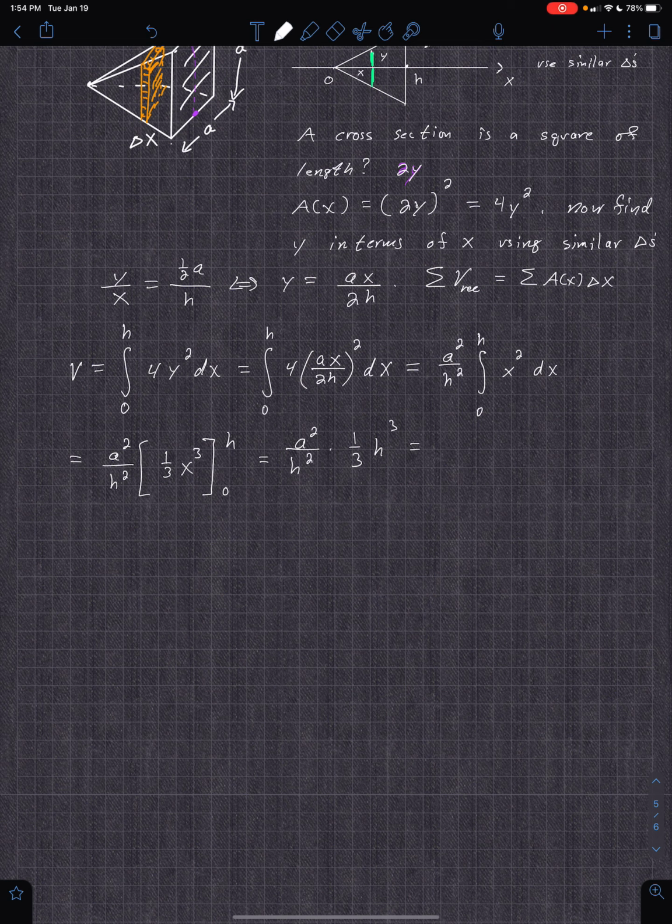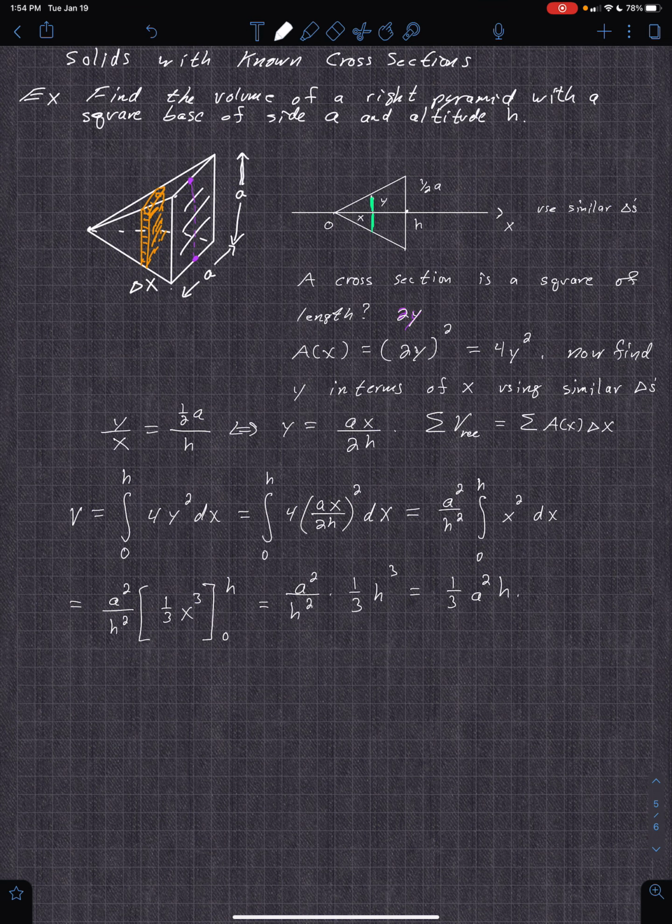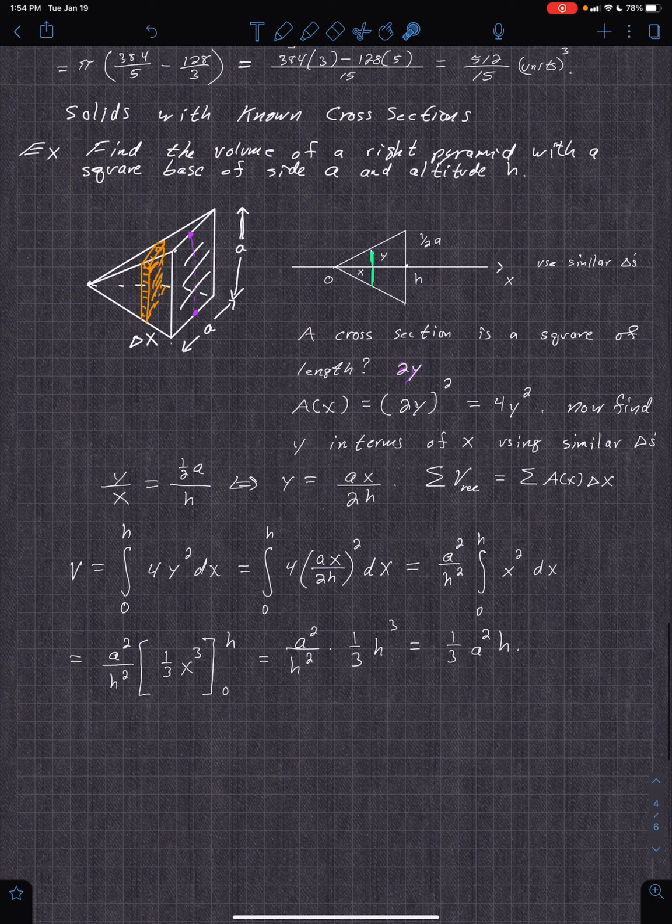And so that's a squared over h squared times 1/3 h cubed. Do a little simplification, and you get 1/3 a squared h, which if you looked it up in a formula table, that's exactly what you would get for the volume of a pyramid. If you have a square base, it's 1/3 of the area of the base, a squared, times the height. So basically this is a way to derive the volume of a pyramid.